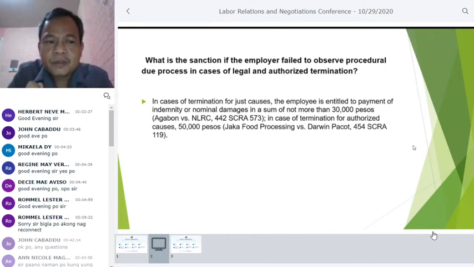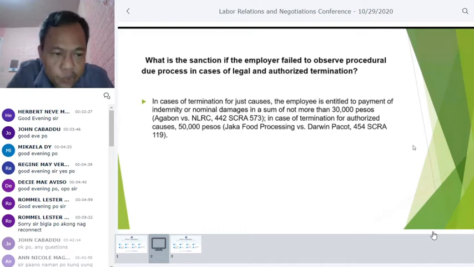Sabi ng batas natin, under the case of Jaka Food versus Darwin Pamaran, sabi dito, kung yung termination, okay, if the ground for termination is just causes ay hindi dumaan sa due process, then the employee who is dismissed na walang due process, sabi ng court pwede siyang mabayaran ng 30,000 pesos.